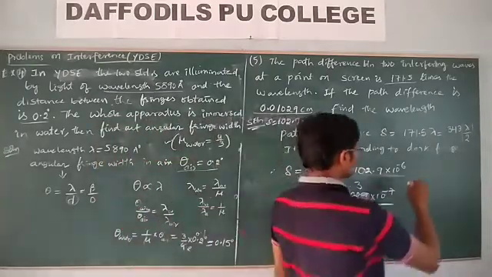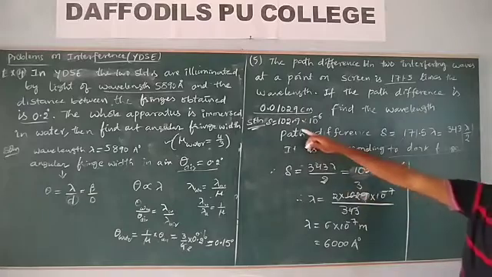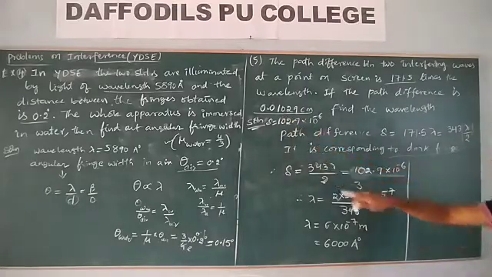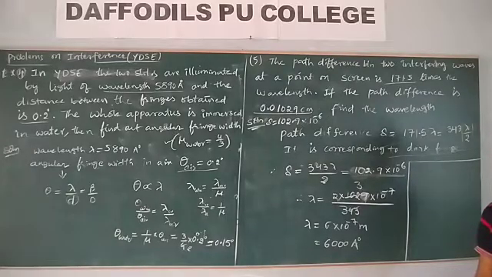And here I am giving one more question to you regarding this problem. We came to know that a dark fringe is formed, and the path difference is given, 102.9, and we got the wavelength. Can you calculate which dark fringe is formed, the 10th dark fringe or 5th dark fringe?